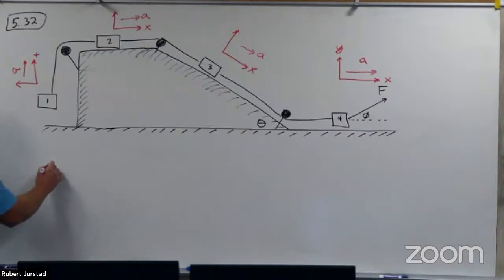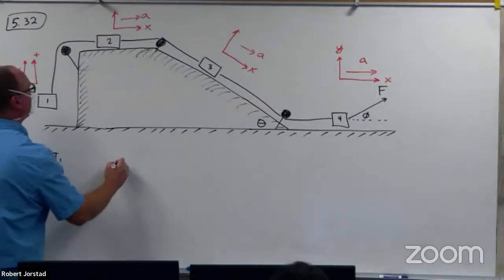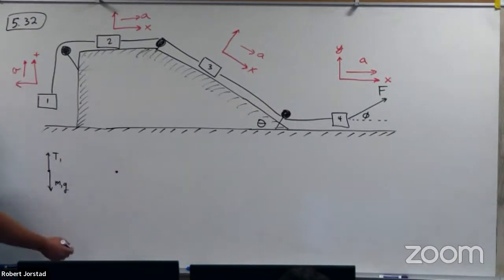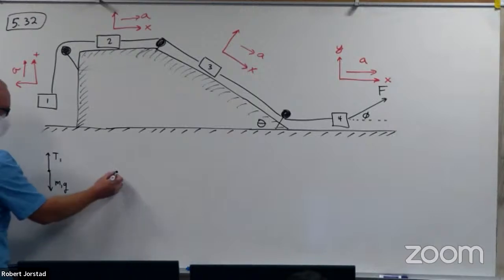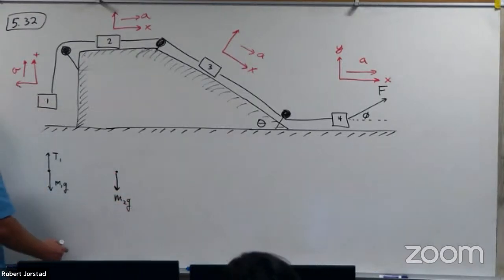Forces on one. I'm going to call it tension 1, m1g. That's it. On block 2, what's one force on block 2? m2g. What's another one? Tension. Which way? The left?